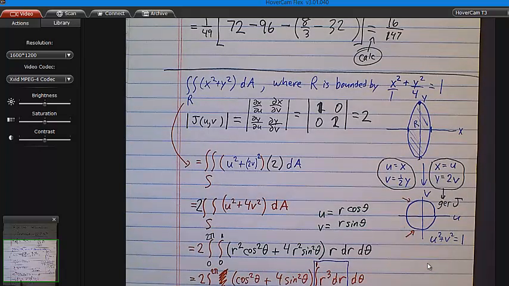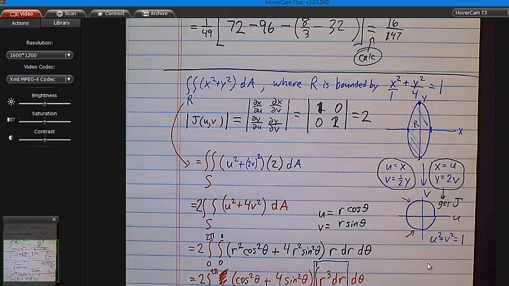What about this? Well, cosine squared plus sine squared is what? 1. So are you okay if I write 1 plus 3 sine squared theta? Is that okay? Because it's cosine squared theta plus sine squared theta plus 3 sine squared theta. Yeah? That's a nice trick.